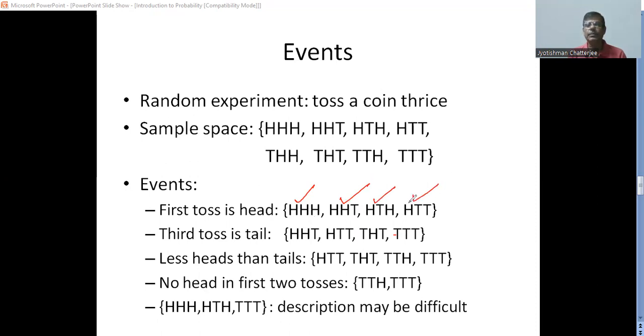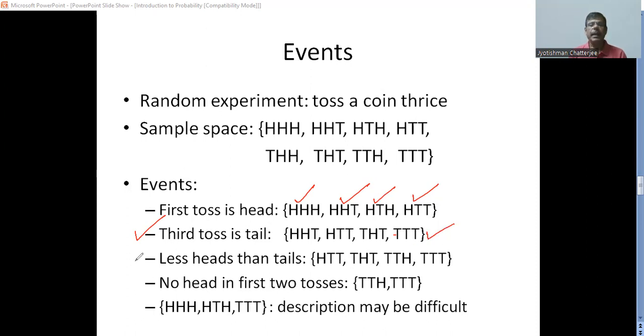All these 4 have the first toss yielding H. If our event is third toss is tail, in that case, the corresponding subset will be HHT, HTT, THT, or TTT.